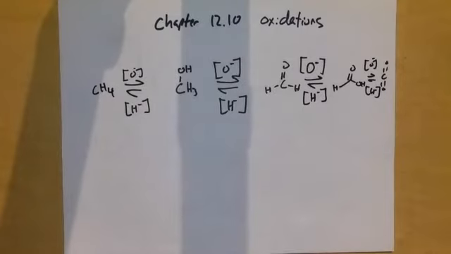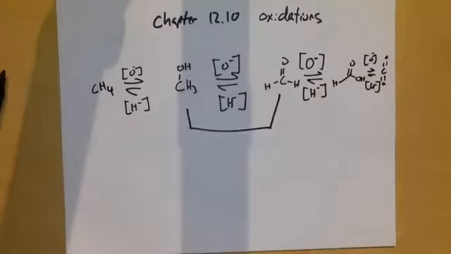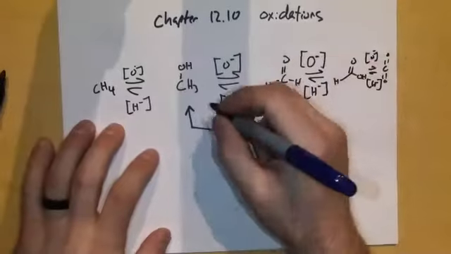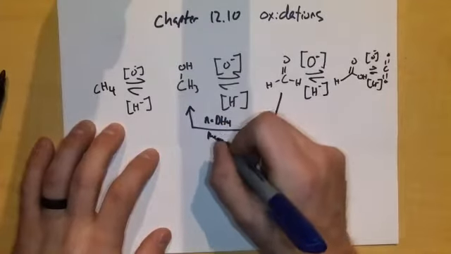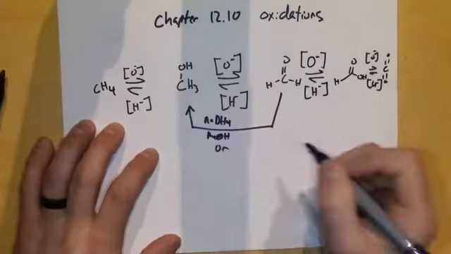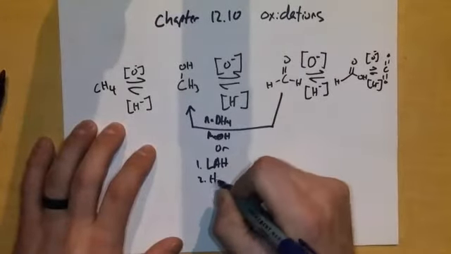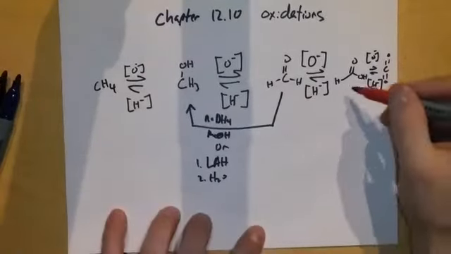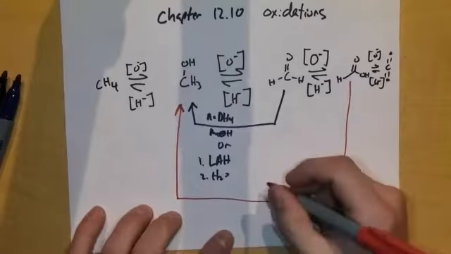We've really been doing reductions so far. So we know two different reagents that can do reductions. We're able to go from ketones to alcohols using NaBH4 and methanol, or we can use LAH and water. We also know how to go from carboxylic acids or esters to alcohols using LAH.